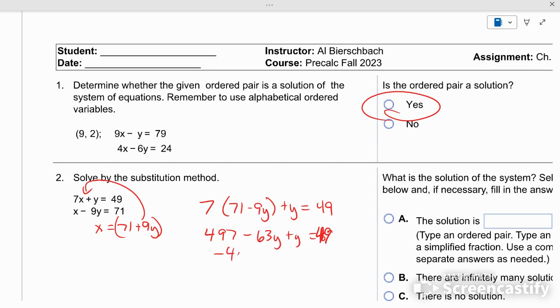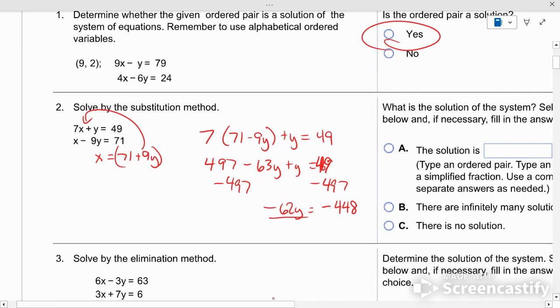Subtract 497 from each side. So we get negative 62y equals negative 448. And then divide by negative 62. 7? No. Did I do my math wrong?